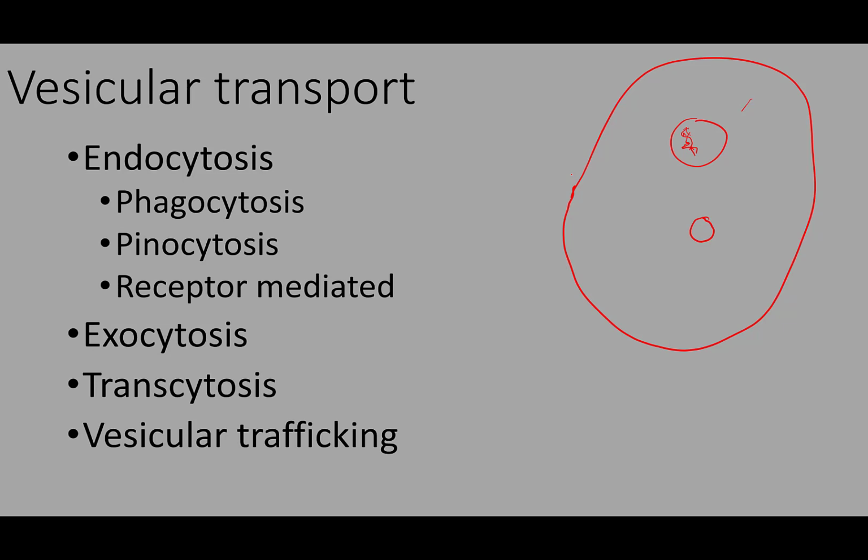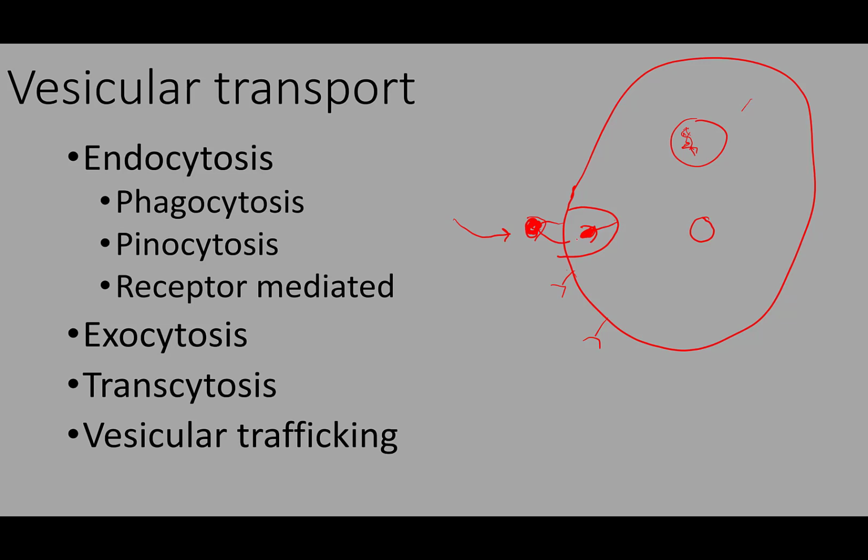Now, receptor-mediated endocytosis is very, very selective. The cells have proteins on their surface, and there's a specific type of protein that if something binds to it, it triggers this cell to start to cave in, like we just saw in pinocytosis, but at a much bigger scale.